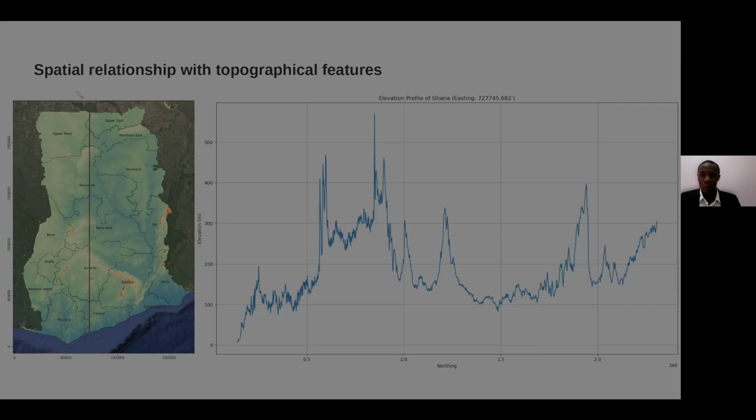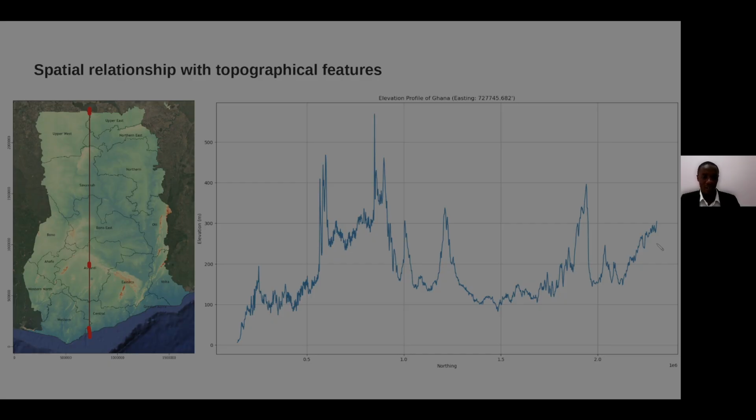Now we try to relate the flooded areas with the topography of the country. By making a vertical cut through the terrain of the country, from Komenda through Kumasi to Wuru in the north, at this eastern coordinate, we see the elevation change of the country.